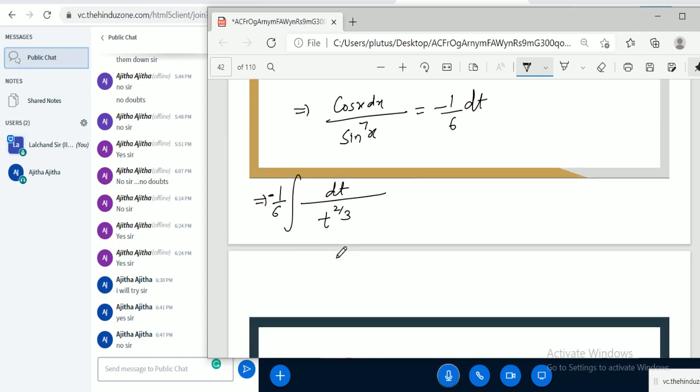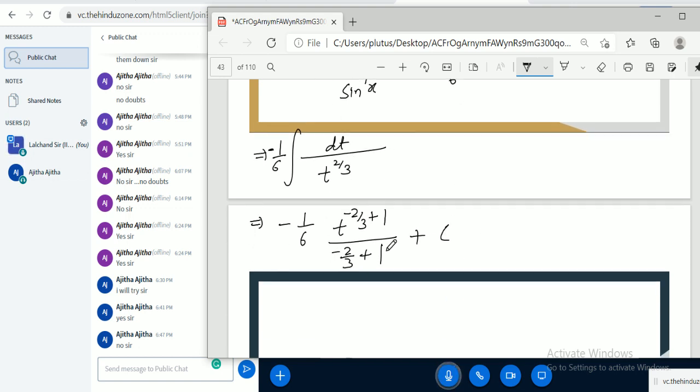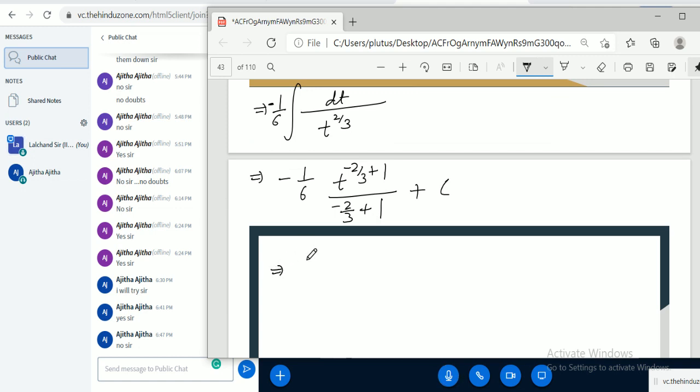If we integrate this, then we have minus 1 by 6 t to the power (minus 2 by 3 plus 1) divided by (minus 2 by 3 plus 1) plus c, isn't it? Okay. So now if we simplify this term, then minus 1 by 6 and this will be t to the power 1 by 3 divided by 1 by 3, and this 3 will cancel this and this is 2 plus c.